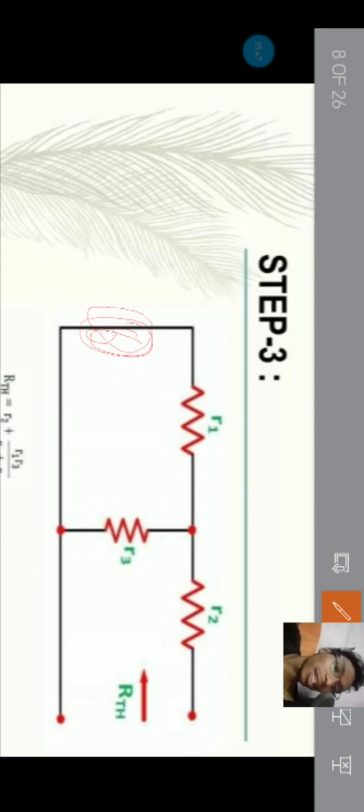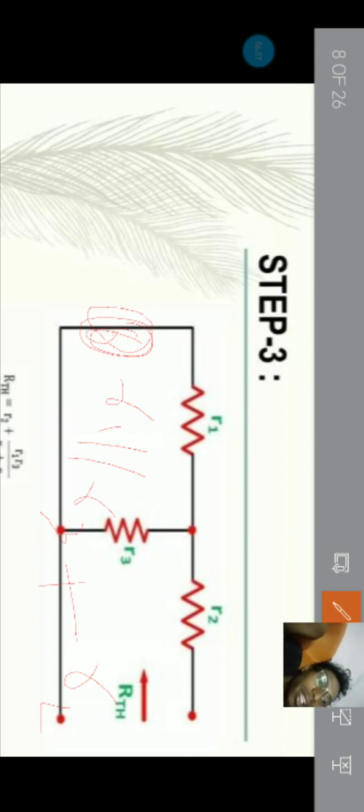This R1 is parallel to R3, and R2 is connected in series. At the bottom of the PPT, RThevenin equals R2 plus R1 and R3 in parallel. The parallel formula is R1 into R3 divided by R1 plus R3.